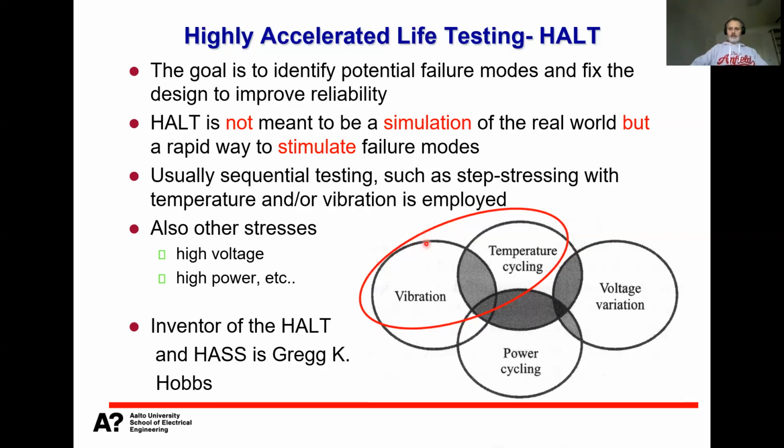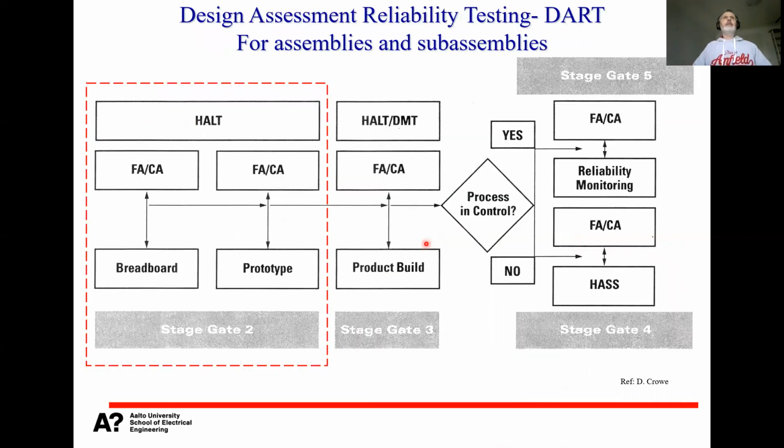Okay, so let's go forward. Where this HALT testing is typically used, as I already said, is in stage gate 2. So it means that we have not yet manufactured the actual products. We are using these tests for breadboards or prototypes, and that means that, for example, the manufacturing methods could be different.